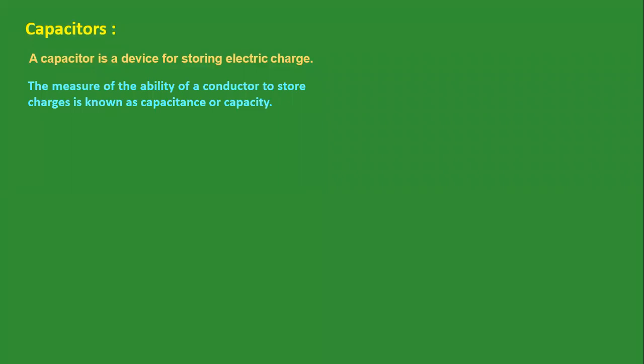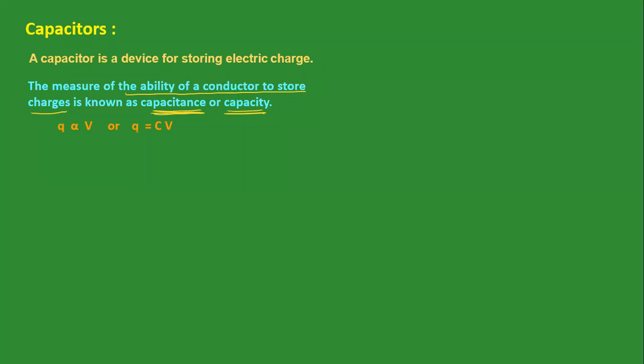The measure of the ability of a conductor to store charge is known as capacitance or capacity. Every conductor has its own ability to store charges, and it is capacitance or capacity.